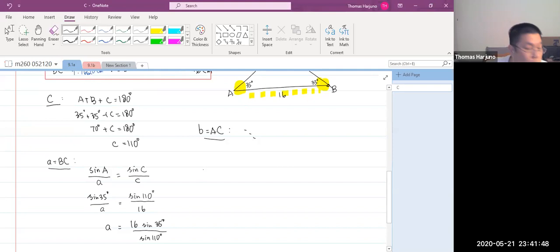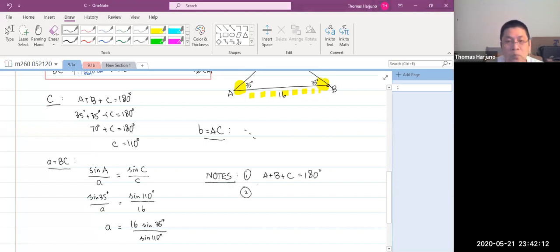some rules from trigonometry, from triangular geometry that we can learn. And these are important notes, by the way. The first one, something we already know: the sum of interior angles of a triangle is 180 degrees. That's something we know, okay?